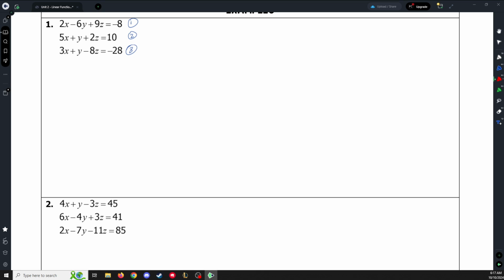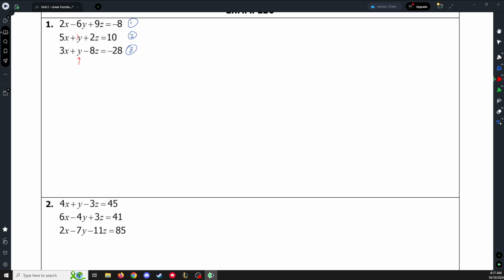If you take a look at z's, 2 will multiply into 8. That's good, and they're opposite in sign, so that makes it even easier. But 2 does not multiply into 9 very well. And so I'm going to choose my y's to eliminate, because y has a 1 in front of it, and 1 times 6 is 6, and they're opposite in sign. So I'm going to choose that route.